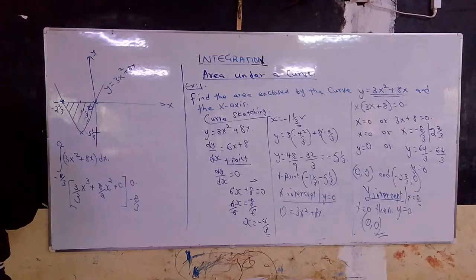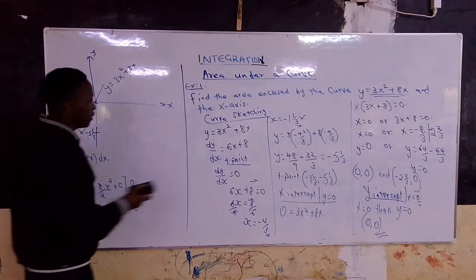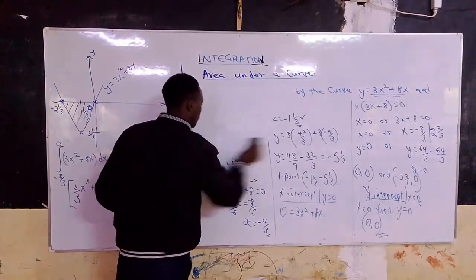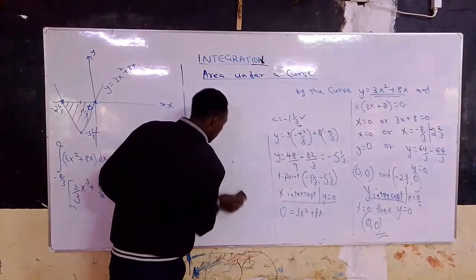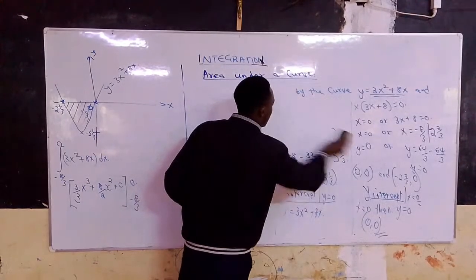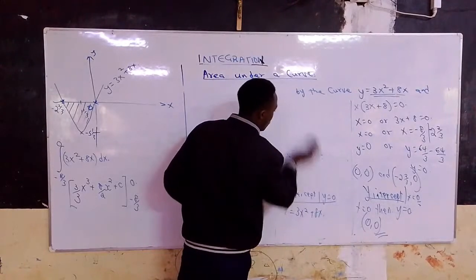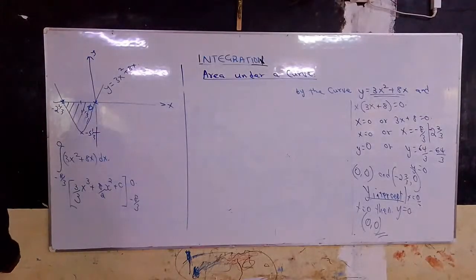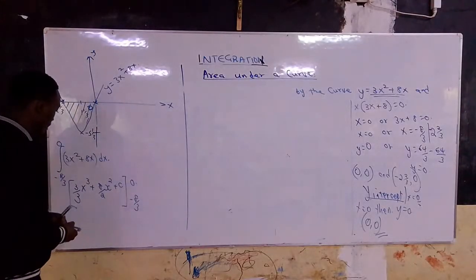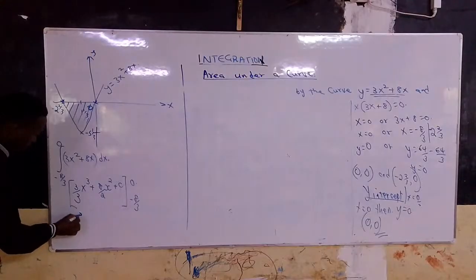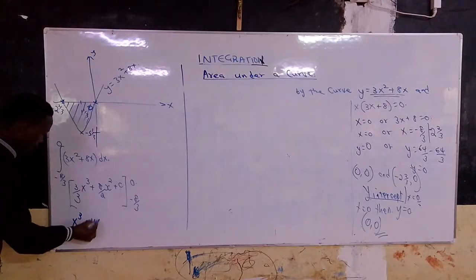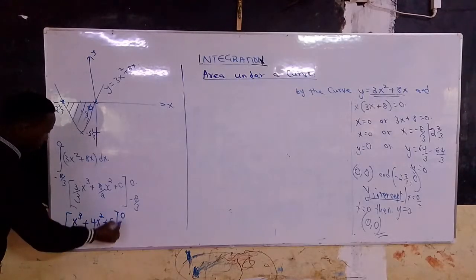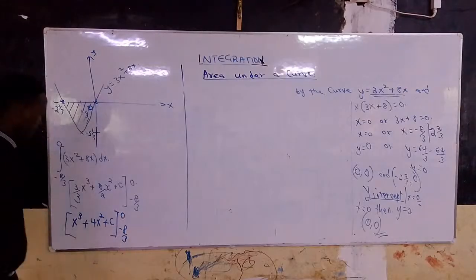So let's utilize this space. 3 divided by 3 is equal to x cubed plus 4x squared plus c, evaluated from negative 8 over 3 to 0.